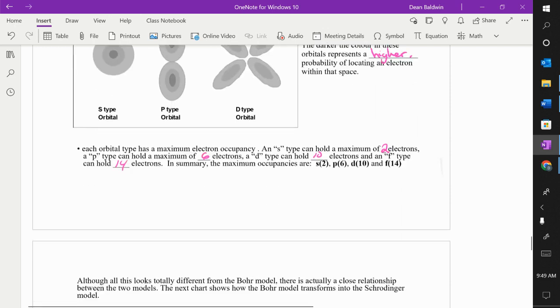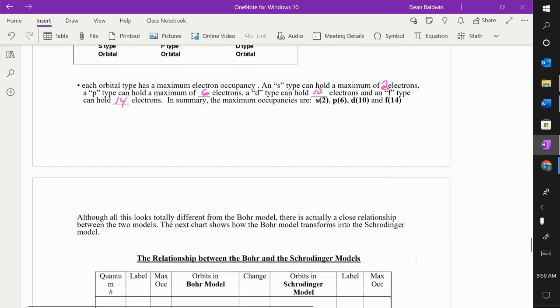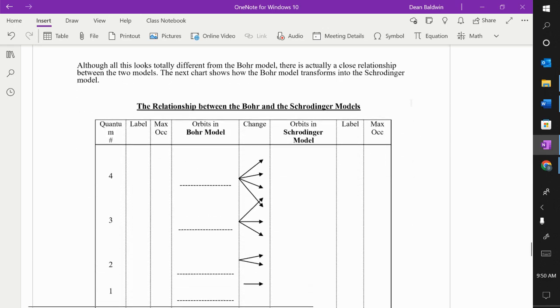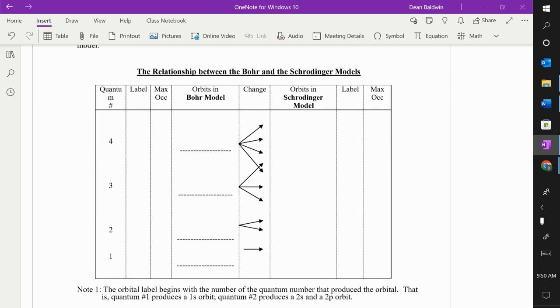This is what I wanted to get to. How do you relate Bohr to the Schrodinger model? The quantum number represents the level, so 1, 2, 3, 4.